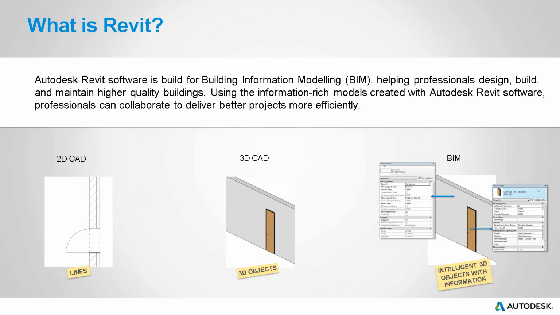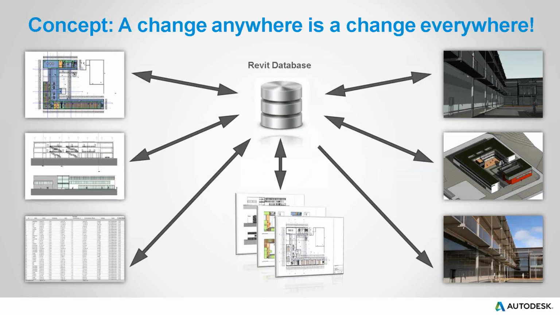Let's go further. So just to recapitulate, it's not only lines, not only 3D objects, but also intelligent information embedded in those elements. So in Revit, Revit works as a central database, which is basically one file, right? Which includes all print sheets, sections, views, schedules, 3D views, renderings, and so on.